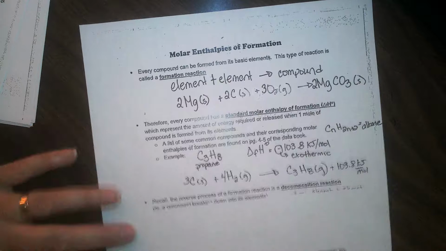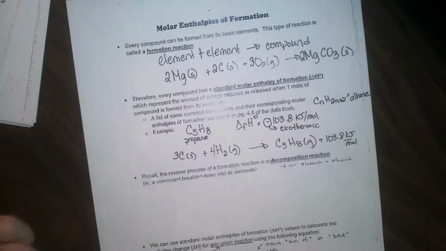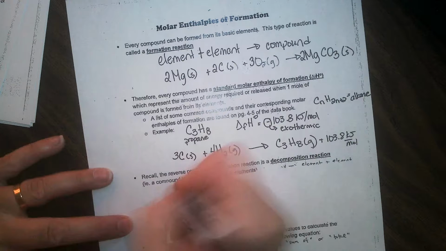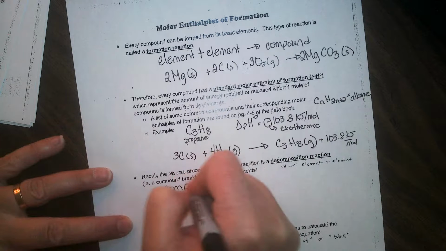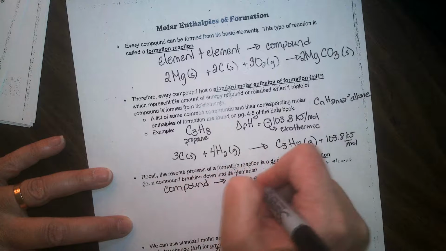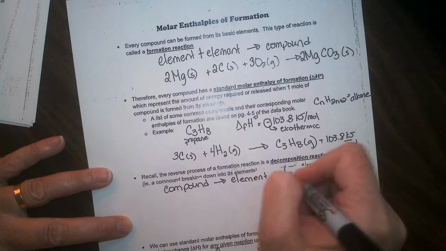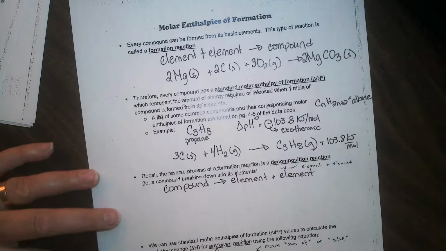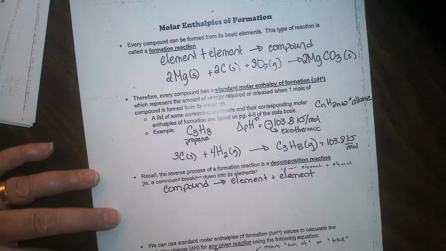Okay? All right. So if we were to do the reverse reaction of a formation, so now we've got a compound going to an element plus an element. What do we call that kind of reaction? Decomposition. Okay?